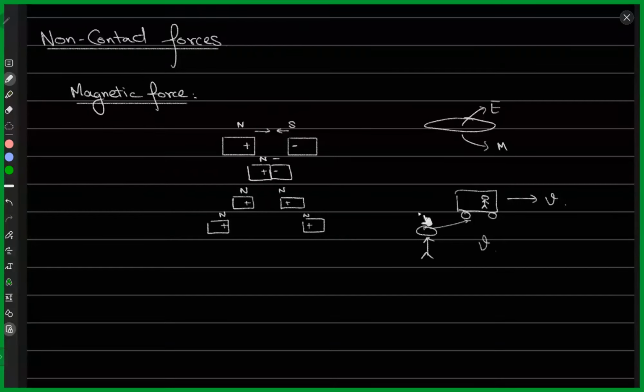So let's name these two persons. This is person A. This is person B. Now B would feel that he's not moving. He's sitting in the car. Obviously, he would say, I'm not moving, so my velocity is 0. But at the same time, if A is looking at B, A would say, bro, is something wrong with you? You're moving with some velocity v.